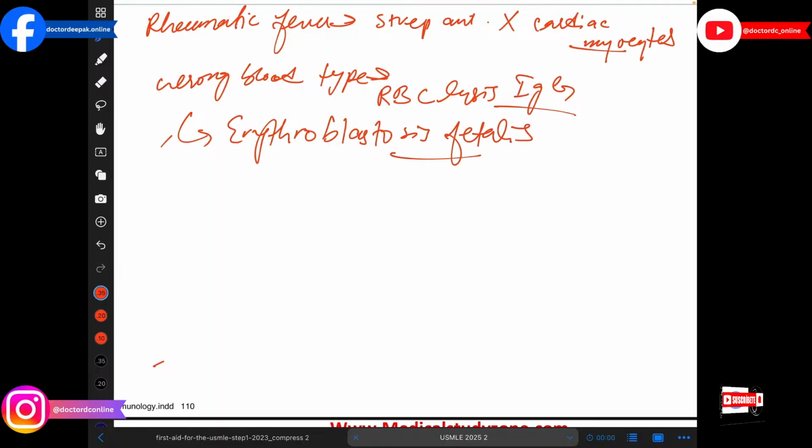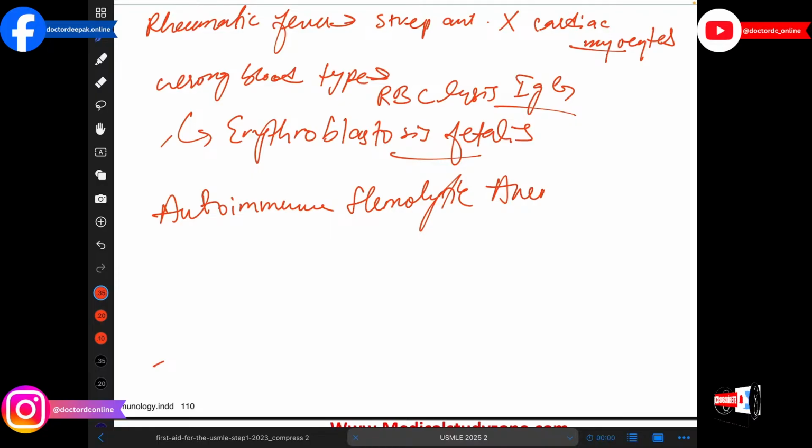And second is autoimmune hemolytic anemia, due to many drugs like methyldopa and penicillin.